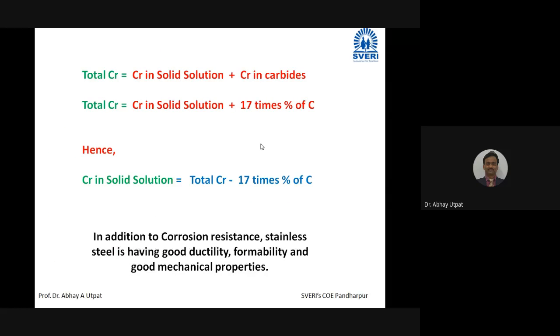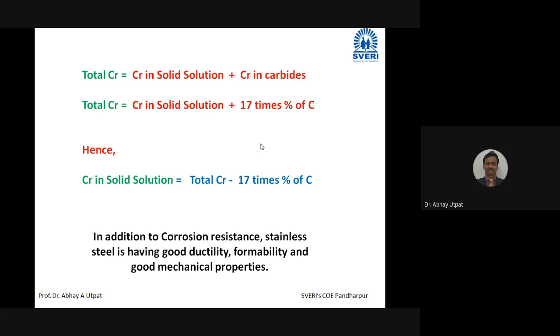Write down in the notebook: total chromium is equal to chromium in the solid solution plus chromium in the carbides. So whatever x quantity of chromium you are adding, it gets distributed here.